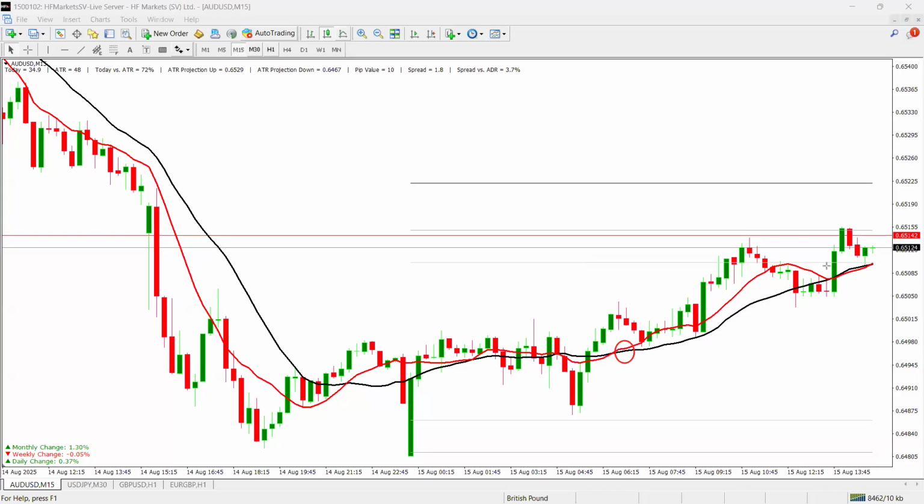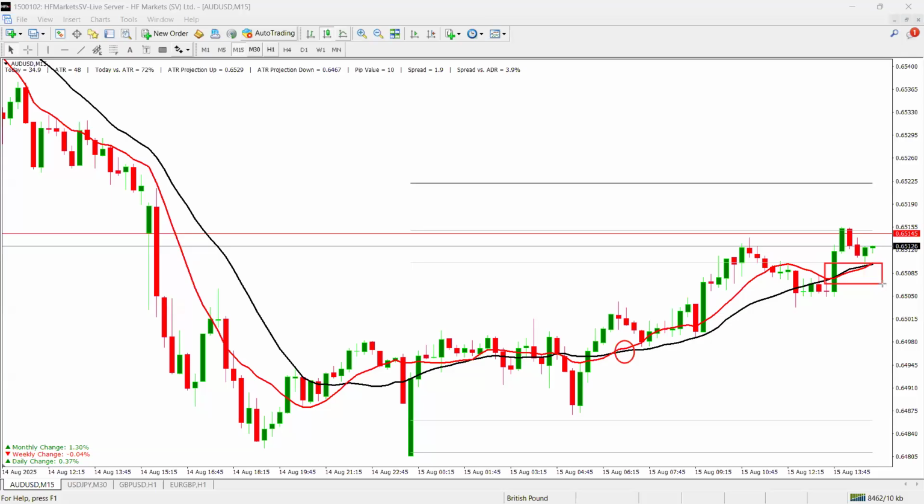Here, if you look at this, it looks like they're just together. It feels like right now they're just moving in tandem, flat together. Although it's looking like the red is going to cross above the black again, but right now it feels like they're in tandem.